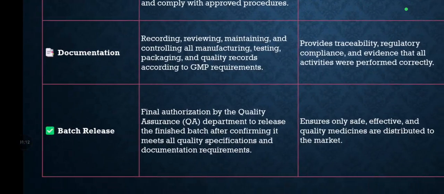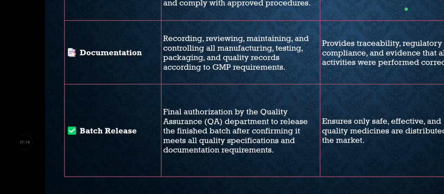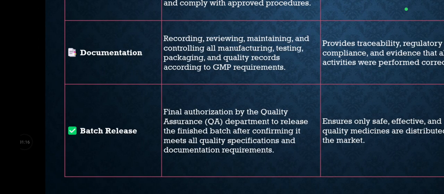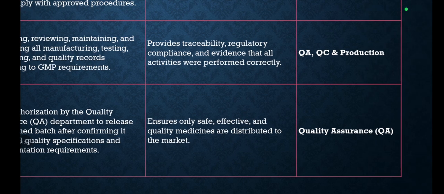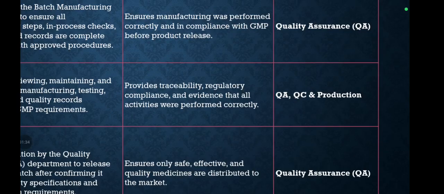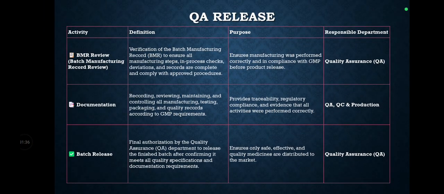And last is the batch release. Final authorization by the quality assurance department to release the finalized batch after confirming all the details meet the specification and document requirements. Ensure only safe, effective, quality medicines are distributed. Who is responsible? The quality assurance department is responsible for this activity.